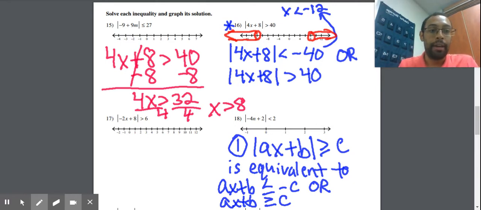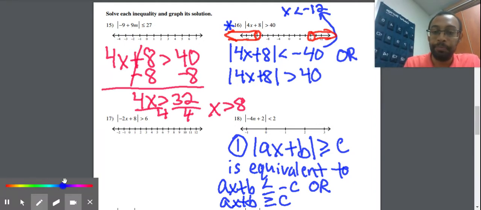So we'll just go ahead and dive into 17. I won't go into as much detail, but I will follow the rule and I will solve accordingly. So here we'll go back to blue. This is absolute value of negative 2x plus 8 is greater than 6. Because this is a greater than inequality, I'm still following this rule.